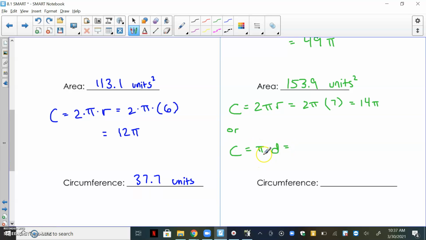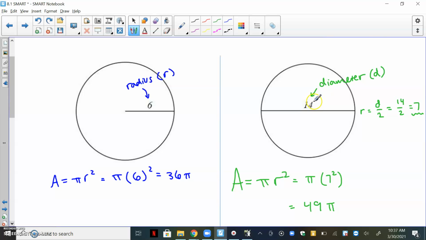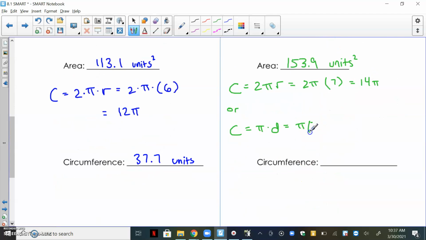So if I do this one, I would just plug in this 14 straight away because that's the diameter. Either way you can see that we get 14 pi for our answer.